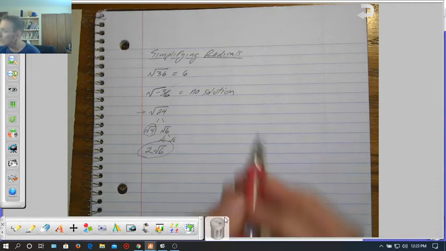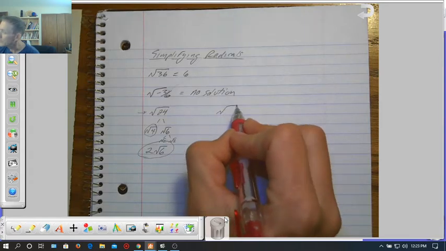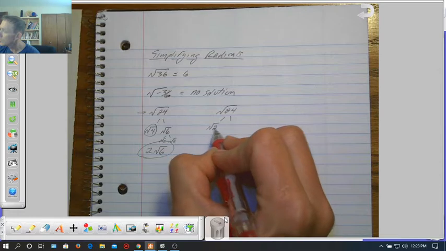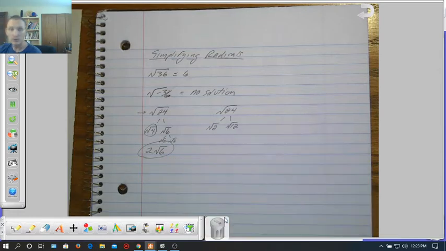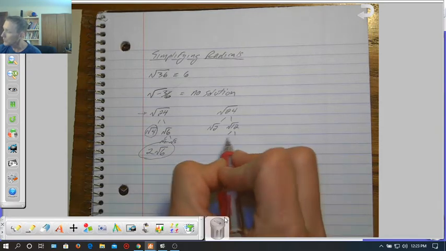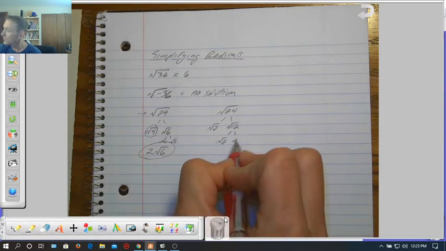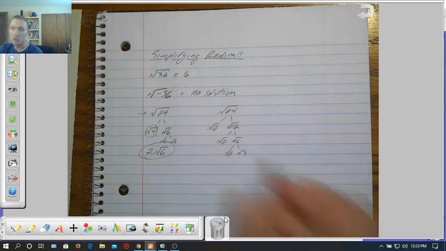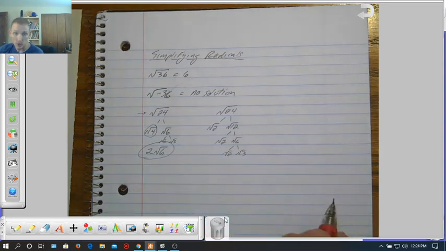Now let's say we had done different factors. So let's go 2 and 12. No perfect squares. Let's go further with 2 and 6. And then let's take the 6 down into 2 and 3. So we're going to factor tree all the way down. No perfect squares.